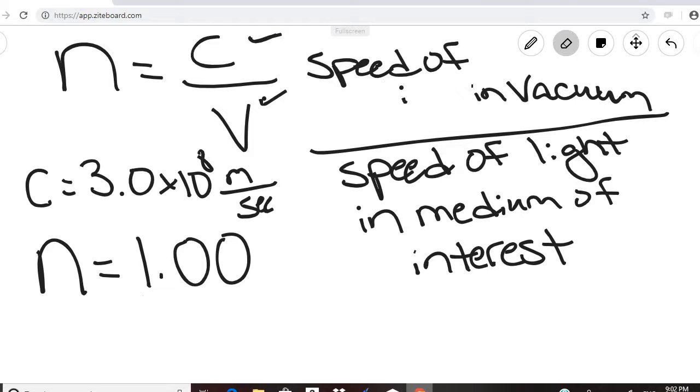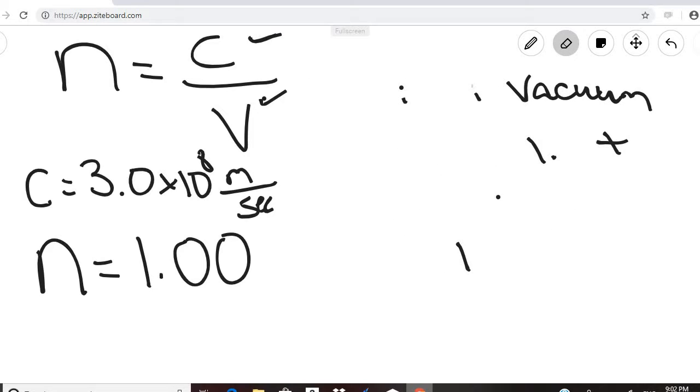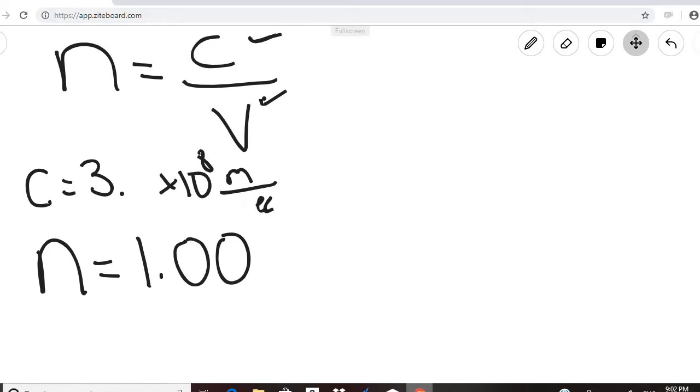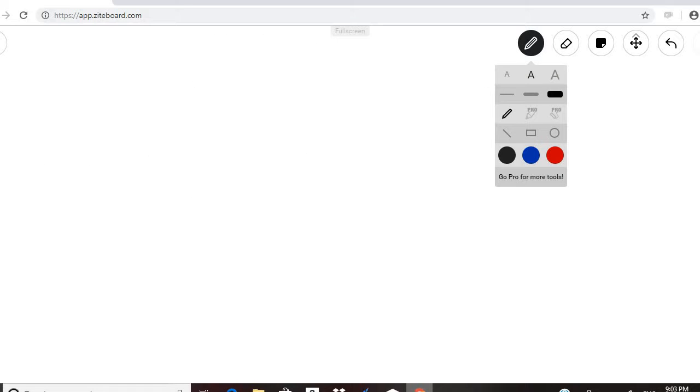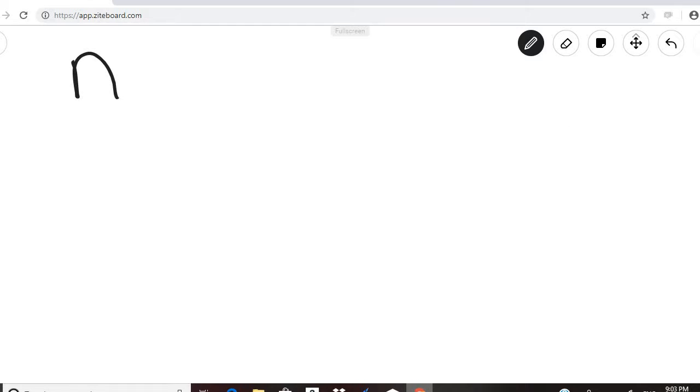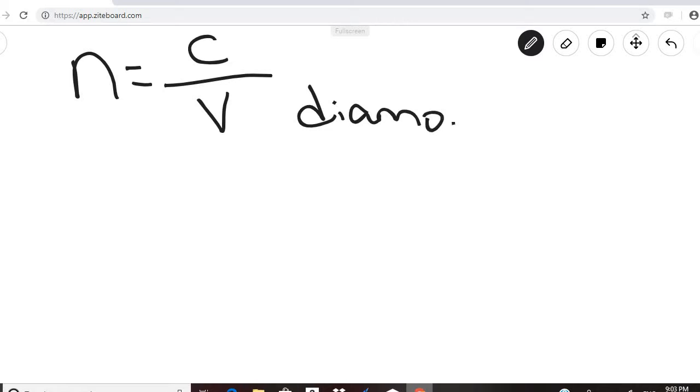Okay, but then the speed of light slows down when you go into more dense substances. So if n is equal to c divided by v, if it's a diamond, a diamond is more dense, so the speed of light is going to be decreasing, and so n is actually equal to, I think, 2.42.